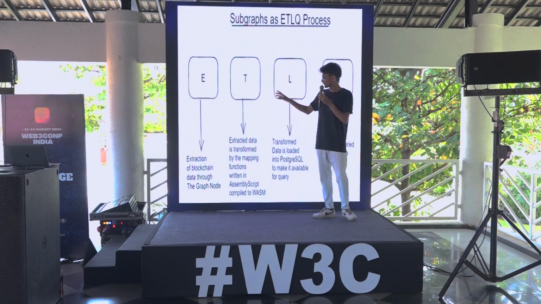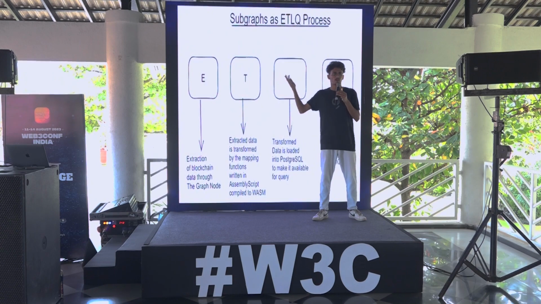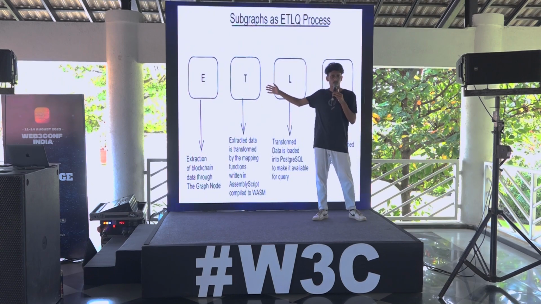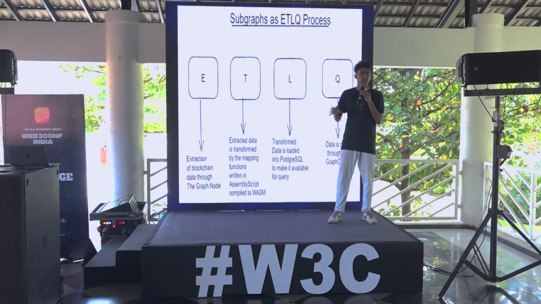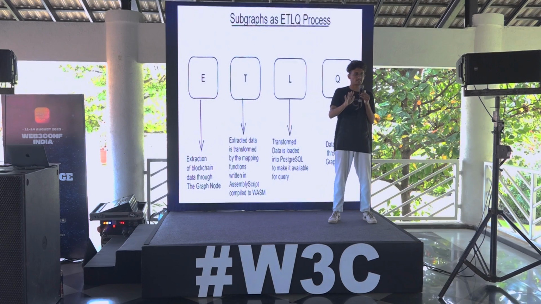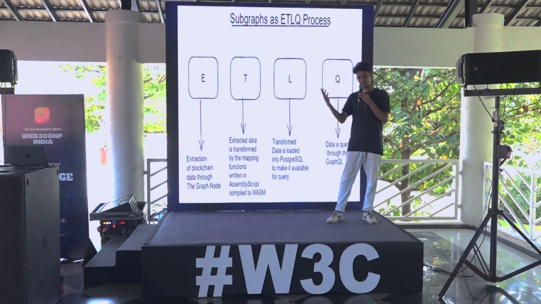Then transformation: as I said, the subgraphs are basically the transformation part. We write subgraphs here. We write that using AssemblyScript, and that gets compiled to WASM, the binary file that runs on top of Graph Node to index the data.